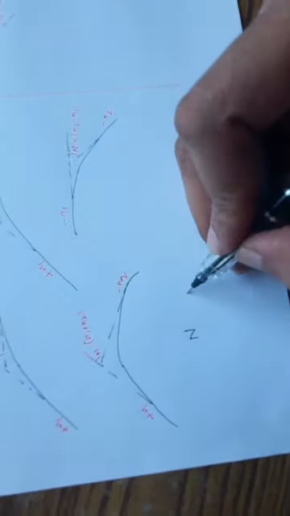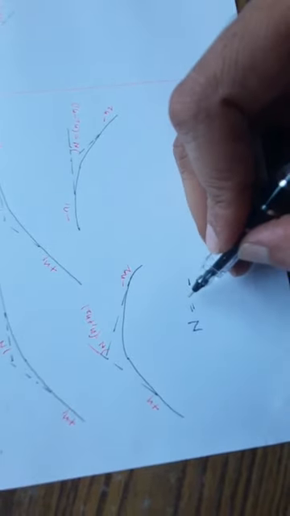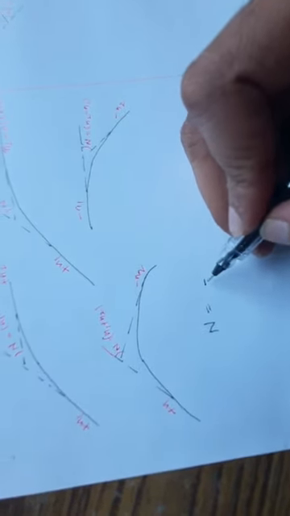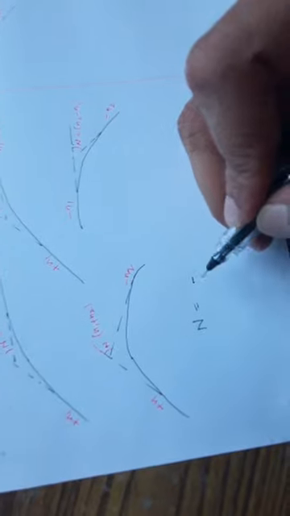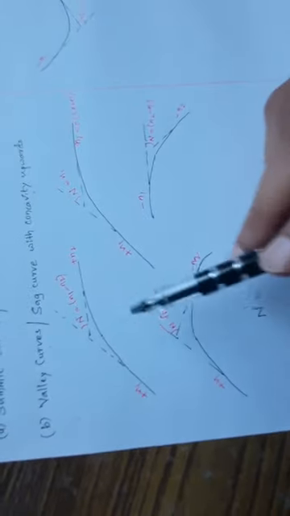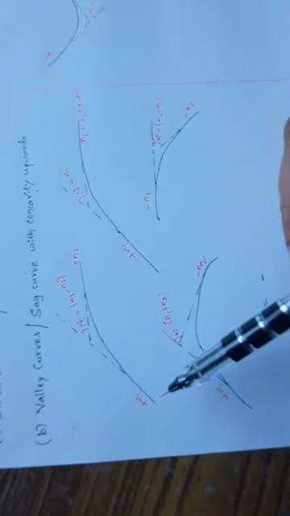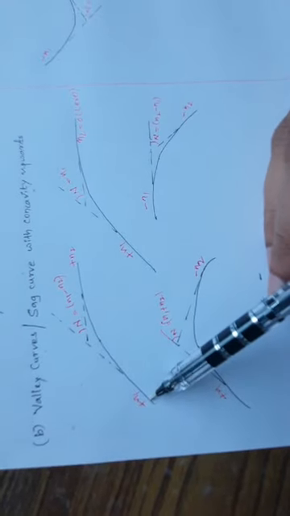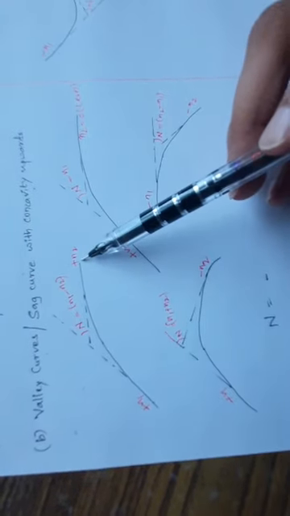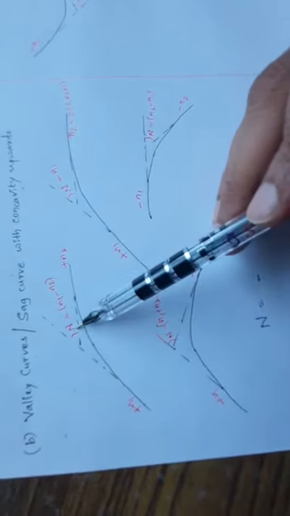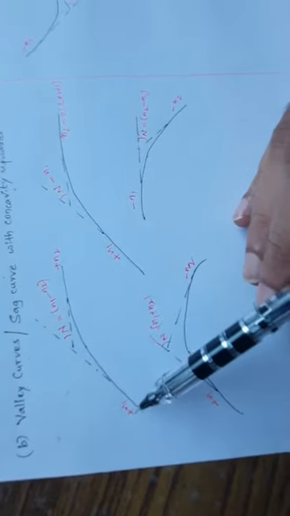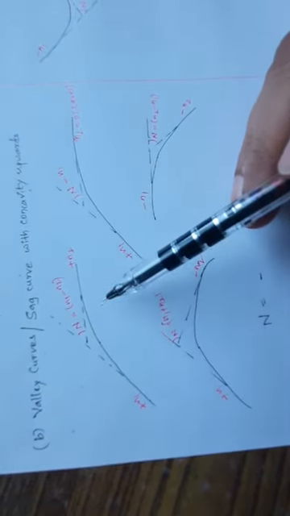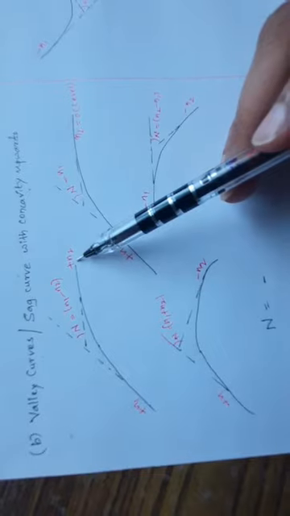For any two gradients, there will be an algebraic difference between them. Here there are four cases. First, when a positive gradient meets another positive gradient, the deviation angle is n1 minus n2.